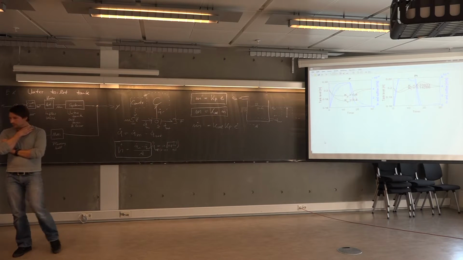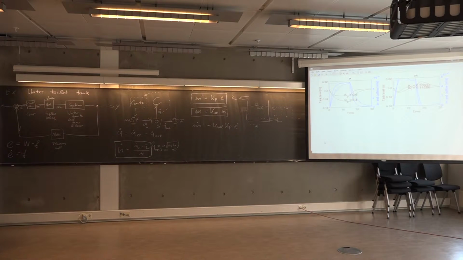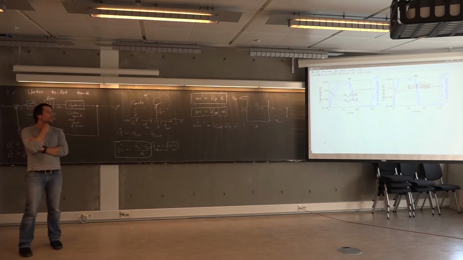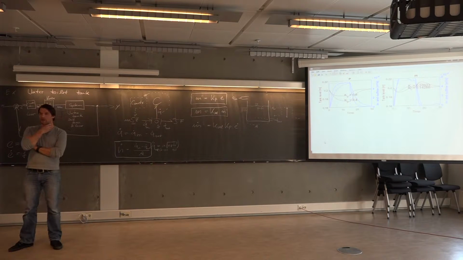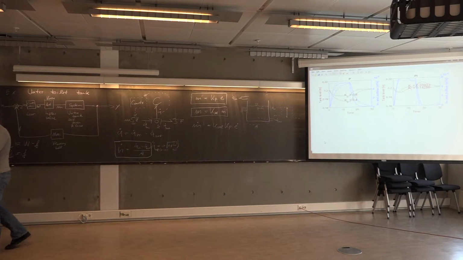The larger these ki values are, the more responsive it is, the faster it reacts. But on the other hand, these proportional integral controllers may become unstable if you set these values too high.